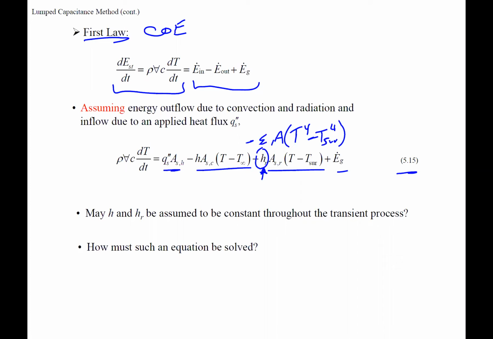Because radiation has the T to the 4th, it's buried inside this HR. You can't integrate because you have this temperature here, and then you have this temperature T to the 4th.